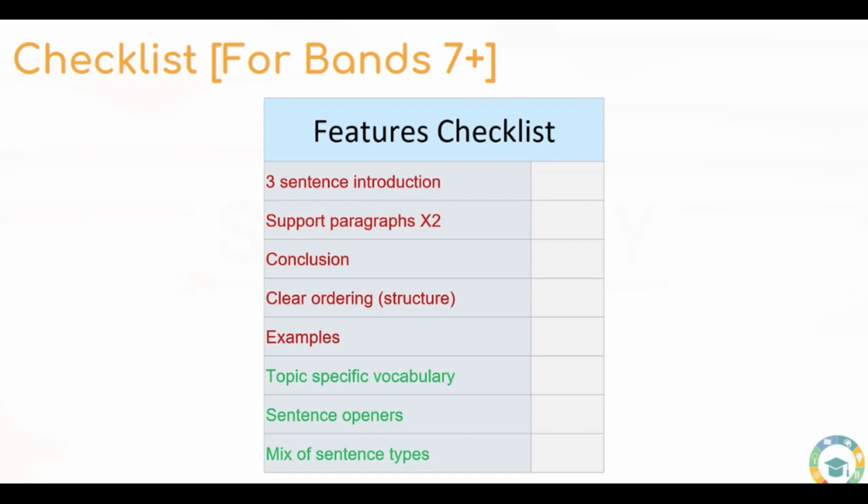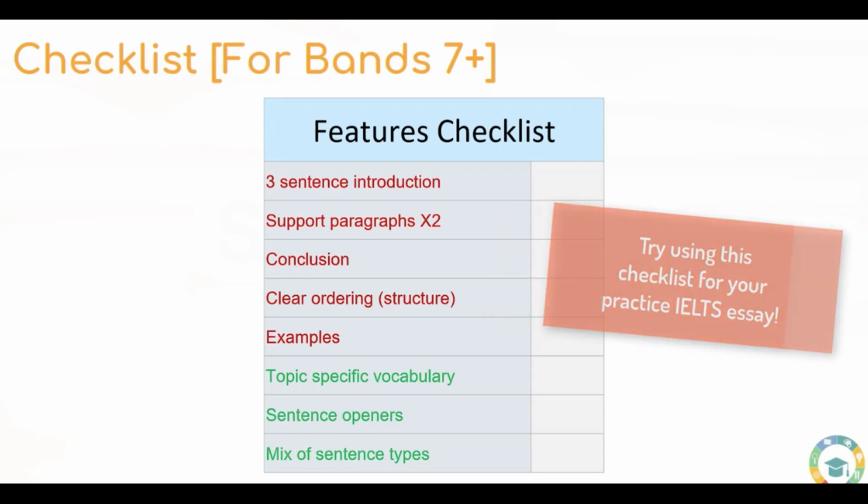Underneath we have topic specific vocabulary, and this will highly test your understanding of synonyms. Then we have interesting sentence openers, which will help to organize your writing, and of course a mix of sentence types. So that is all for our features checklist.